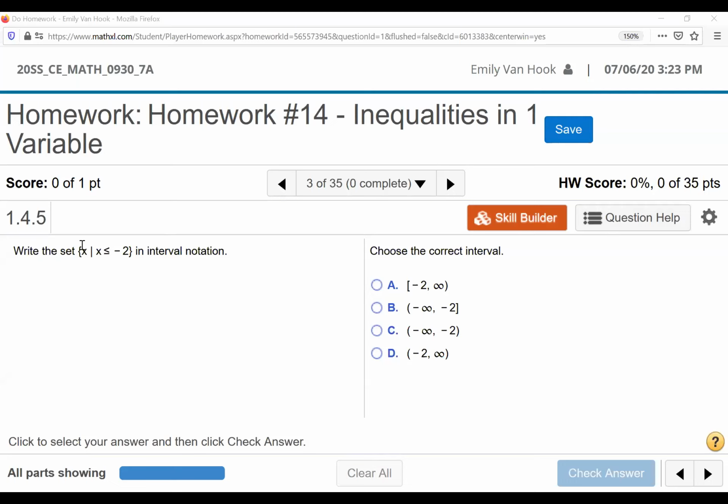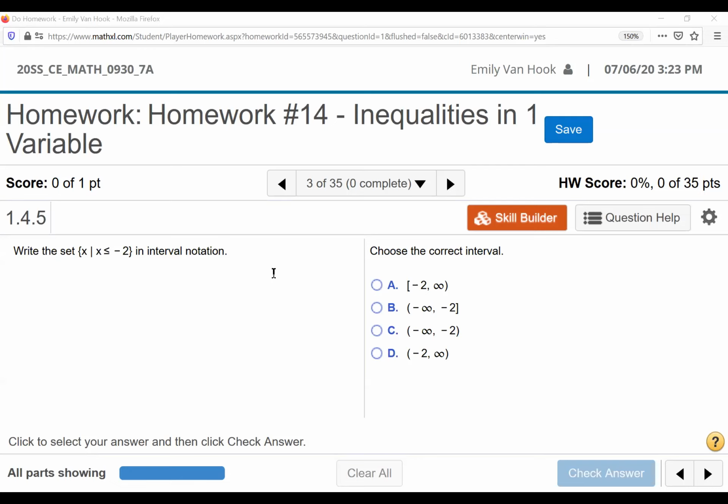And then you have these squiggly brackets, x, and then this vertical line. And then it says x is less than or equal to -2, and then squiggly brackets again. Okay, this is called set builder notation. I did not really include this in the notes. I will just write out what this set is really saying.